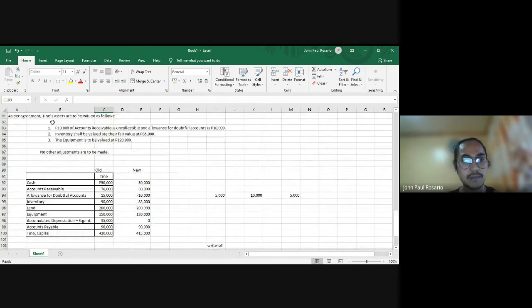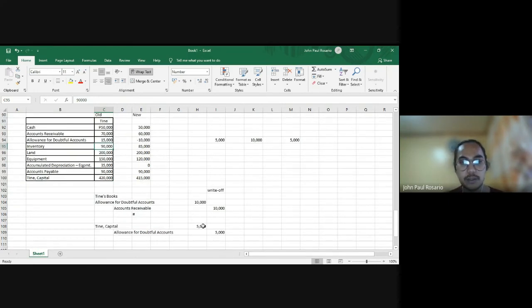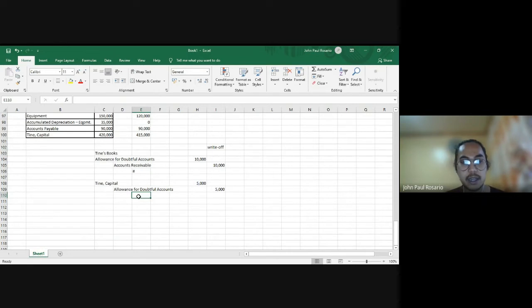For the second adjustment, inventory shall be valued at their fair value at 85,000. Now, inventory is at 90,000, right? But the agreed value is only 85,000. So meaning we have to reduce inventory. By reducing inventory, again, let's put some hashtag here, we have to credit it because the normal balance of inventory is debit.